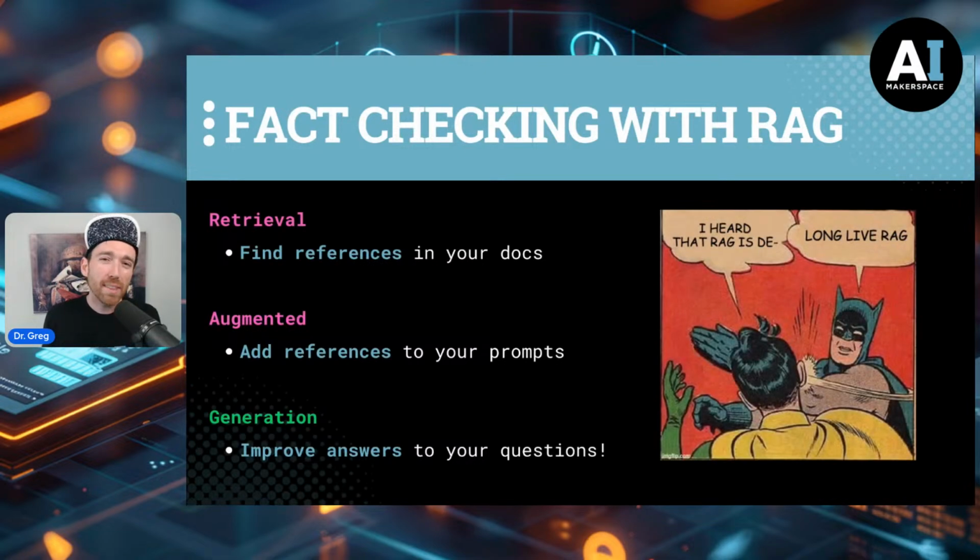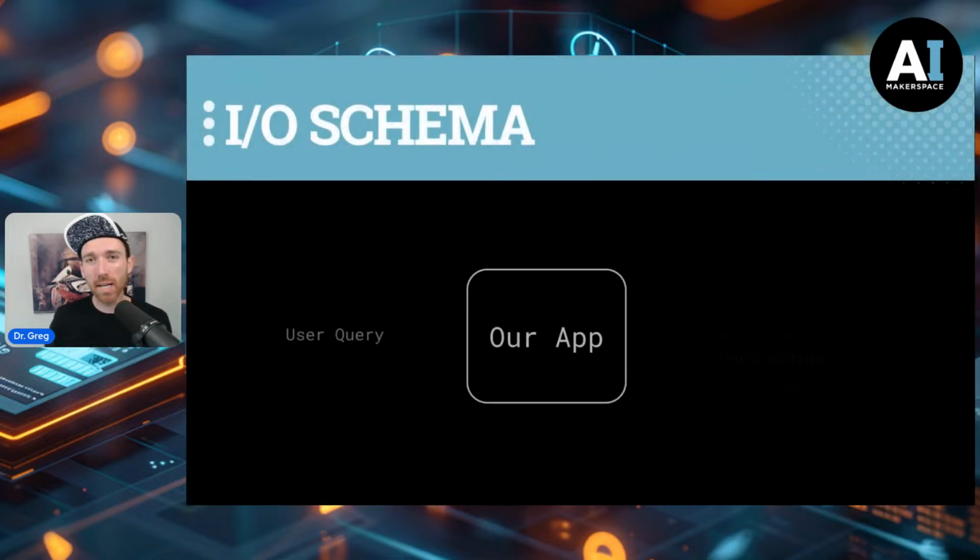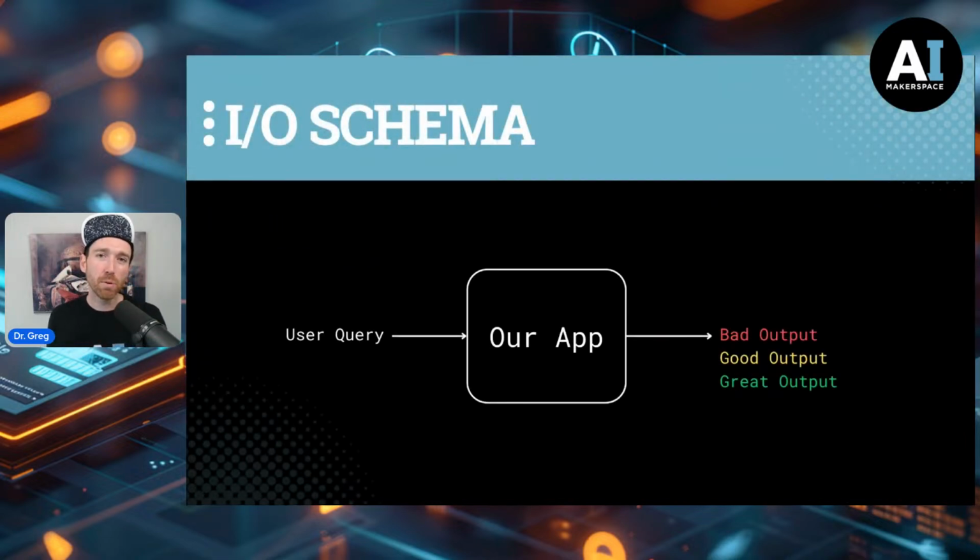When we think about using RAG, we want to zoom out for a second and think about the application that we're building. Our user is going to ask something to our application.